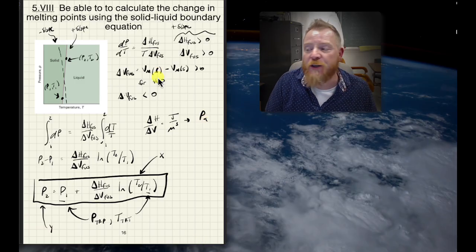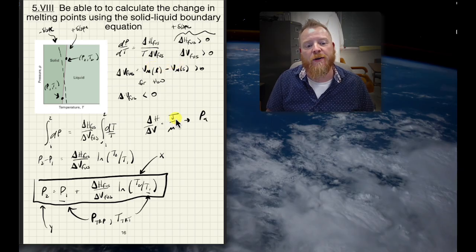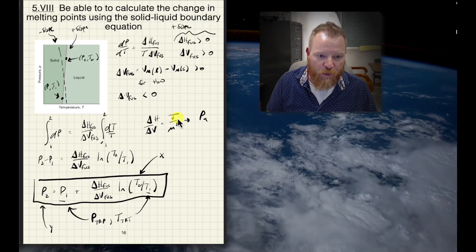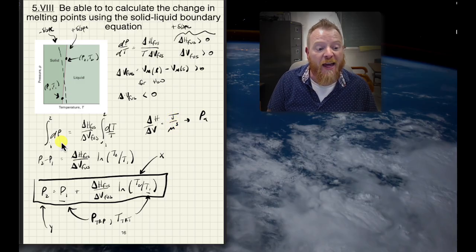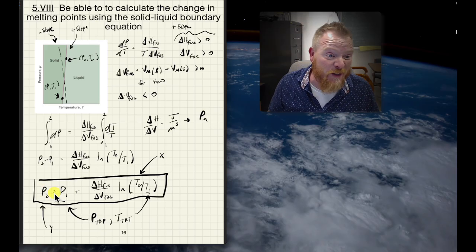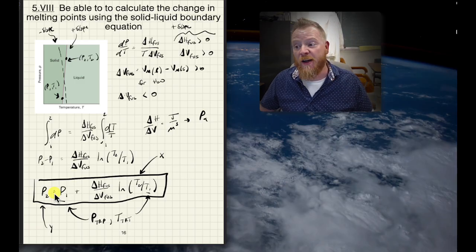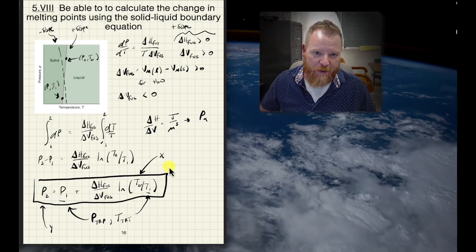So if we've used our molar volumes in cubic meters per mole, and our delta H in joules per mole, then the per mole units cancel, and my pressure will be in Pascals. That's all that I'm going to say about this video, this quick one. We're going to do another quick one describing the liquid vapor boundary. I'll see you then.